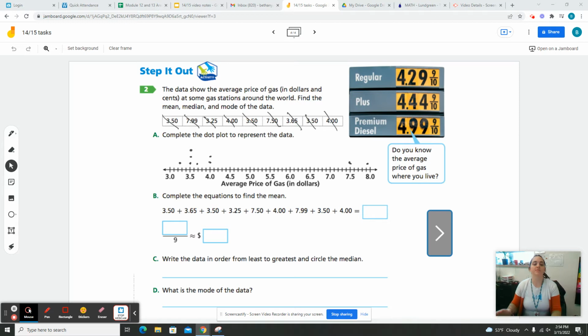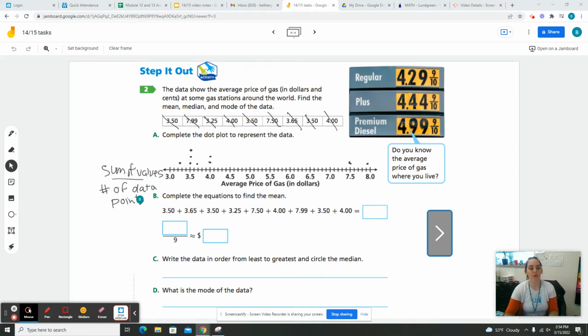Okay, for part B, we're going to complete the equations to find the mean. Remember, the mean is equal to the sum of the values divided by the number of data points.